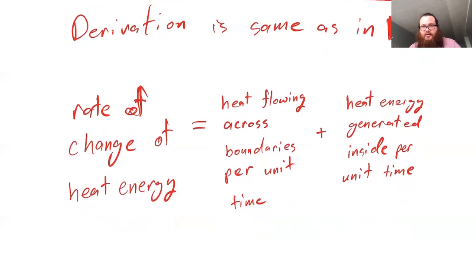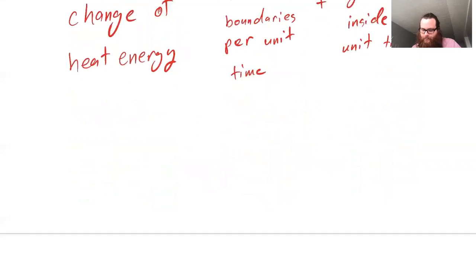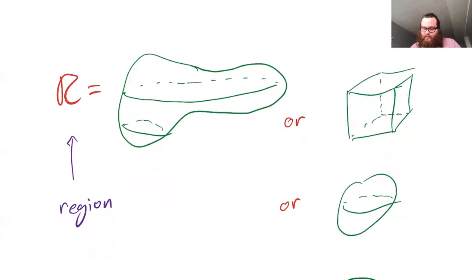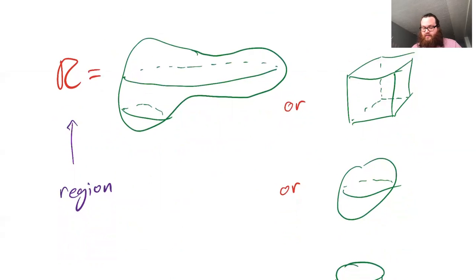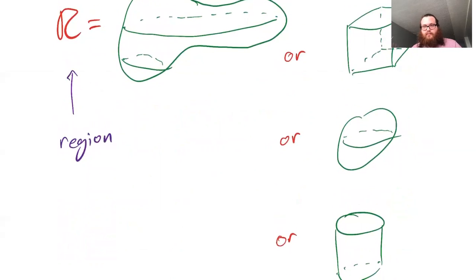Okay, so now let's try to figure out or write down what these pieces are mathematically. So before we do that, what might these regions look like? Well, here are a few examples. R could be any sort of wonky blob in three-dimensional space, or your region R might be a cube, or a sphere, or a cylinder, okay?